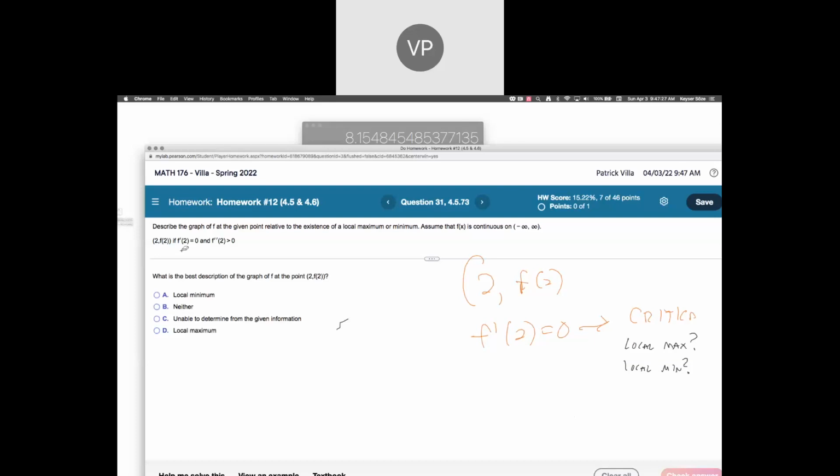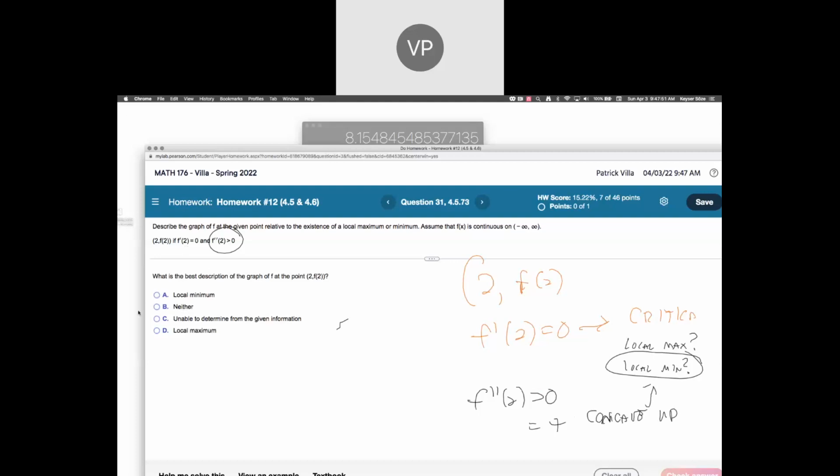Then they tell us that the second derivative at 2 is greater than 0. That means it's a positive number, so it's concave up right there. So going back up here, if it's concave up, that means you have a local minimum right there.